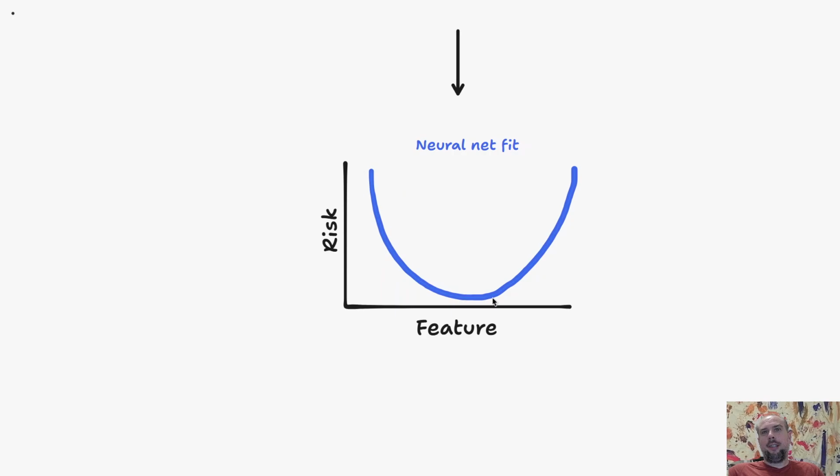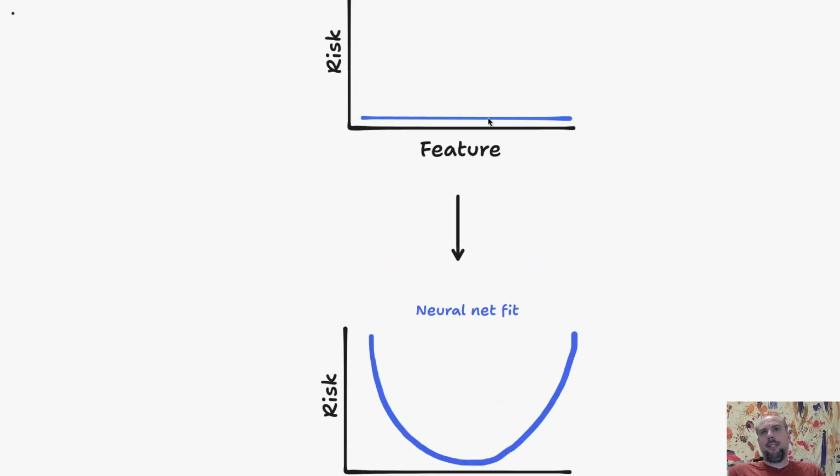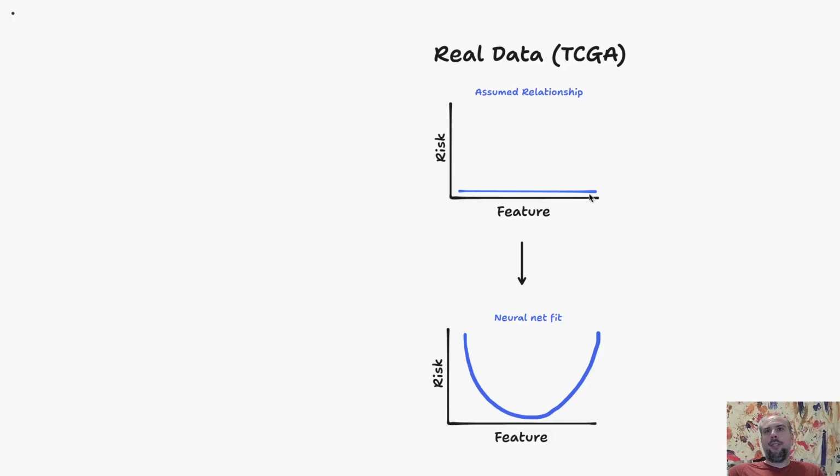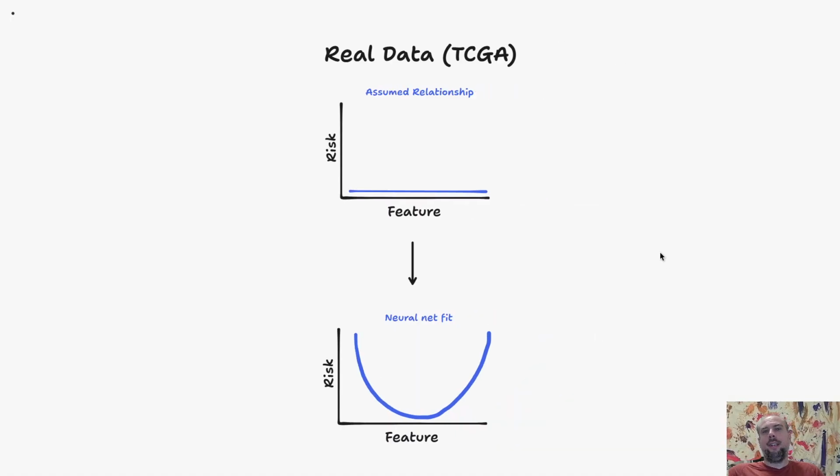If you try to run a Cox on data like this, you'll actually get no relationship. Unfortunately, I don't know which genes show this pattern. And as far as I know, no one has ever run neural nets on the TCGA survival data. So that's up to someone to do eventually.